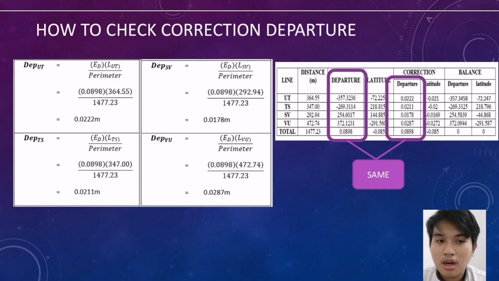You can see at the right table, we get the same conclusion for departure and correction departure. The answer is the same, 0.0898.